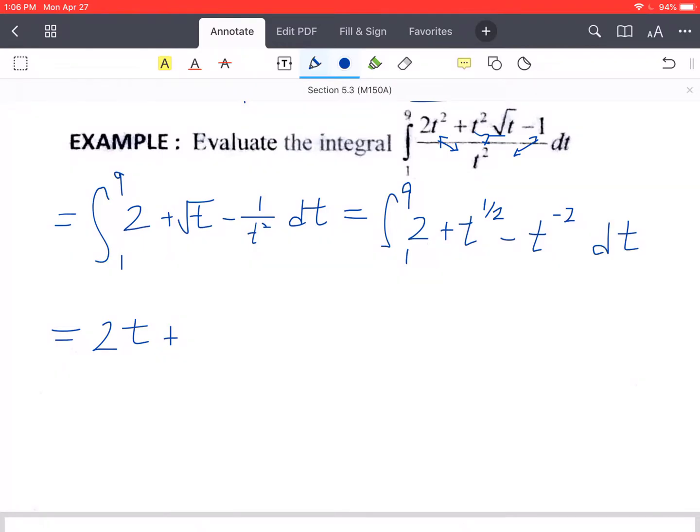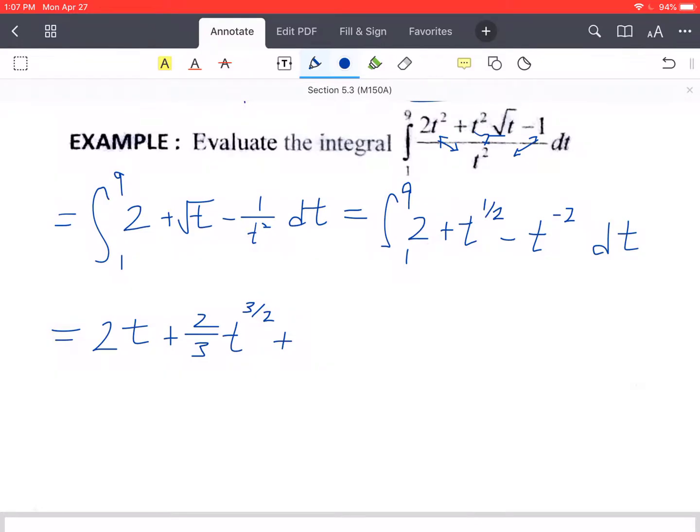Antiderivative of t to the 1/2 is going to be t to the 3/2 divided by 3/2. Okay, but instead of dividing by 3/2, I'm going to multiply by 2/3. So that's 2/3 t to the 3/2. And then for t to the negative 2, we're going to add 1. That becomes t to the negative 1 over negative 1.